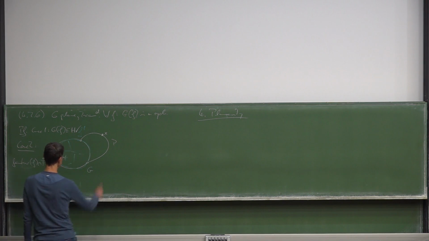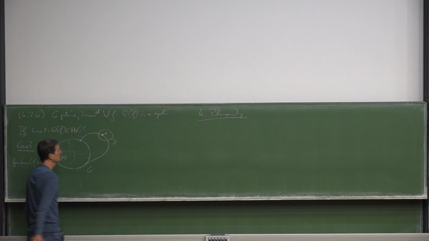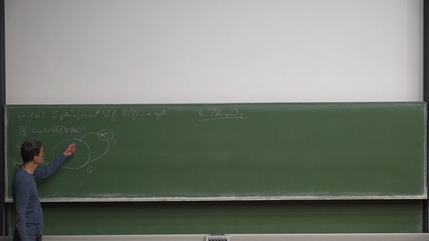Now this little x is a point in f prime. Choose a little open disk around it that lies entirely in f prime.